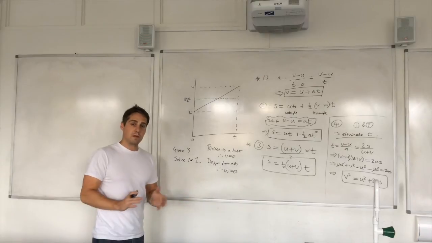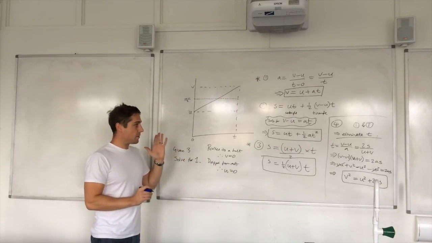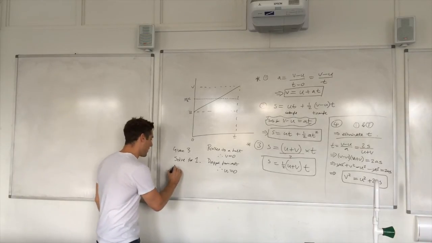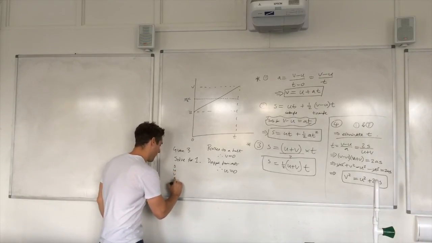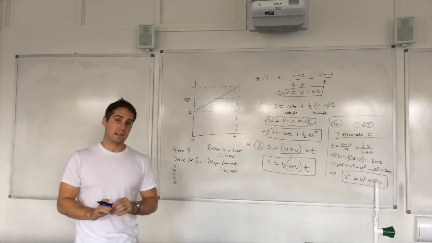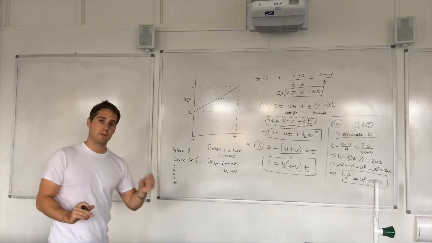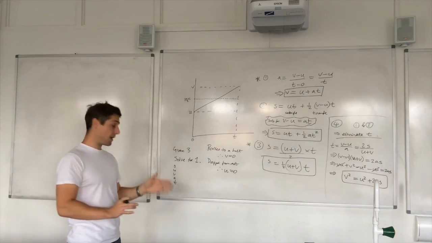So the best method for solving problems involving constant acceleration is to write down SUVAT, be methodical about it, write them all down, then go through the question, identify what values were given to you.